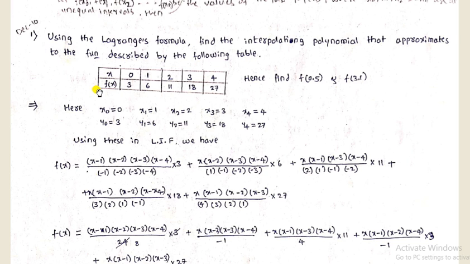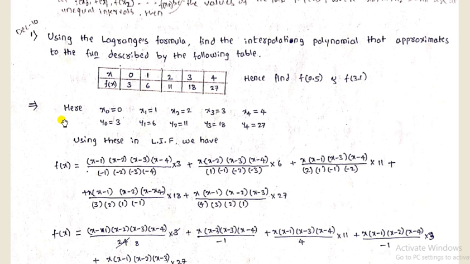X values are 0, 1, 2, 3, 4. Y values are 3, 6, 11, 18, 27. Then calculate f of 0.5 and f of 3.1.